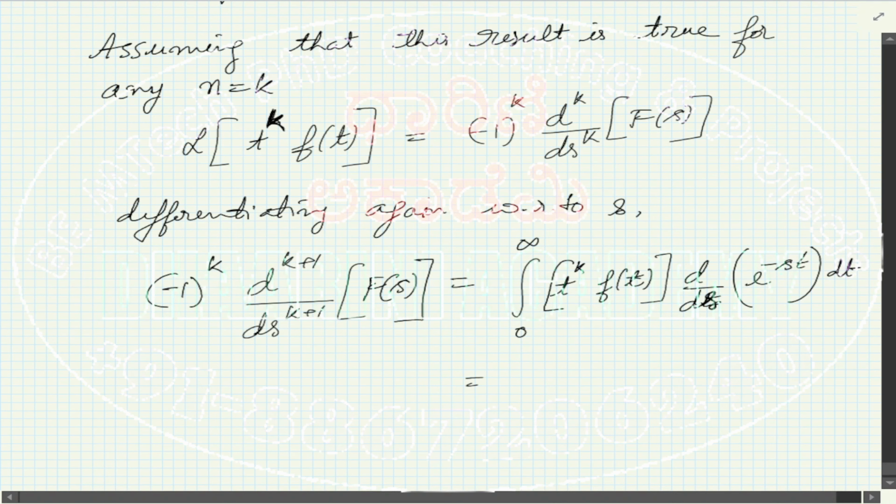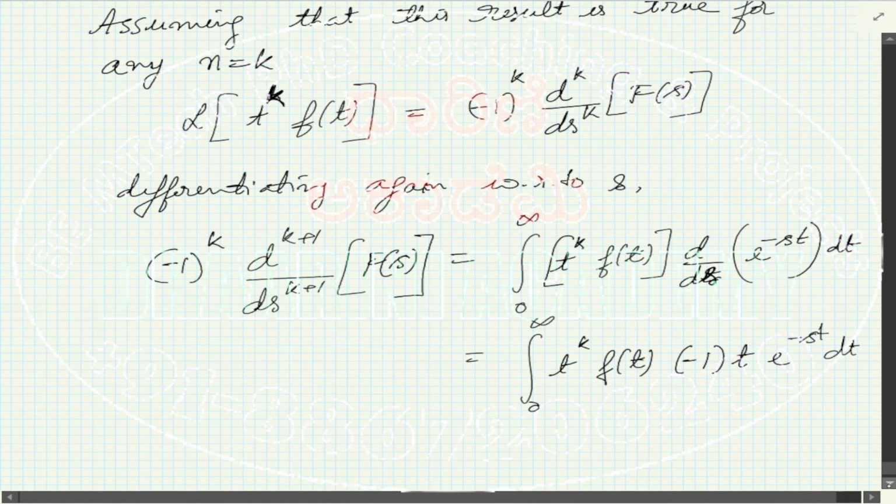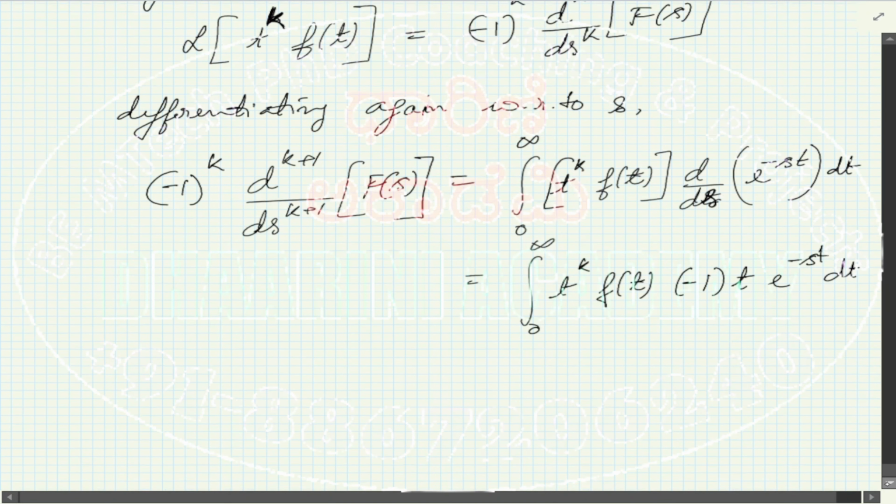So this now becomes equal to integral 0 to infinity, t to the k into f of t into derivative, which is minus 1 into t into e to the power minus st dt. So what I do, I take the negative of the 1 to the other side.